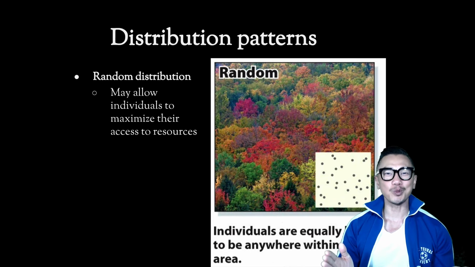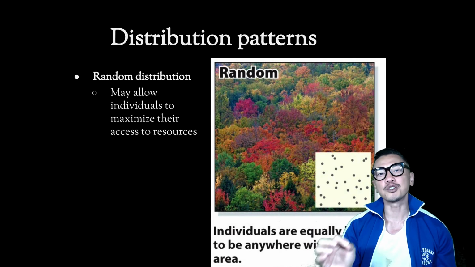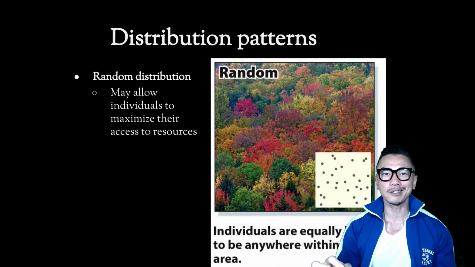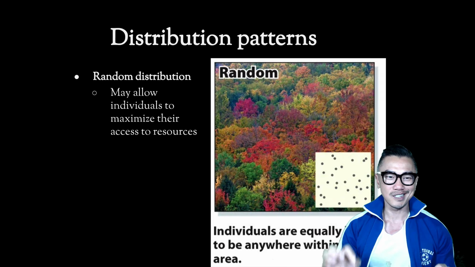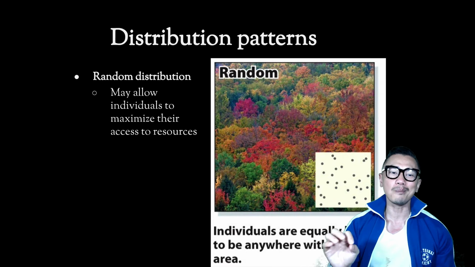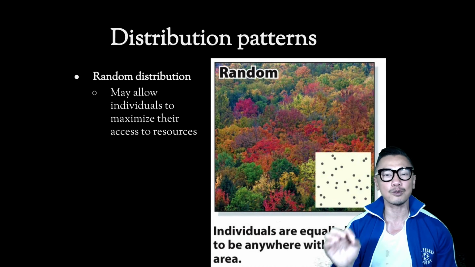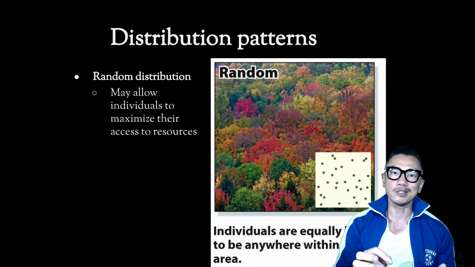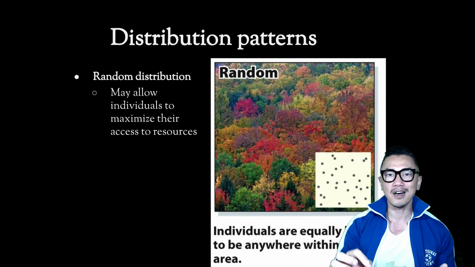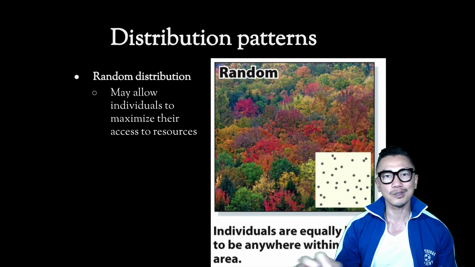A random distribution is a distribution in which individuals are equally likely to be found anywhere within a geographic area. The benefit of a random distribution is that it may allow individuals to maximize their access to resources like food and shelter. It may increase their chances that they can find, access, and use these resources.